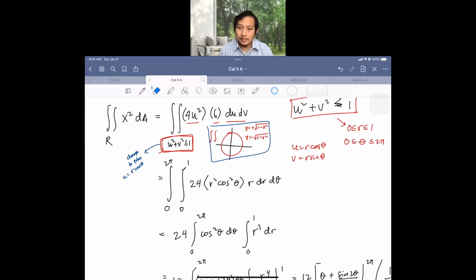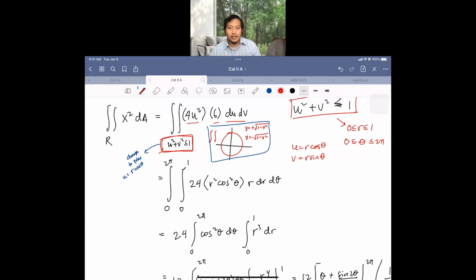Do you get the idea? Is it clear? So one way to think of polar conversion is whenever you change the variable and find out that the curve has a circular or elliptical shape, and you can easily transform that shape into polar, then you can just do the polar.